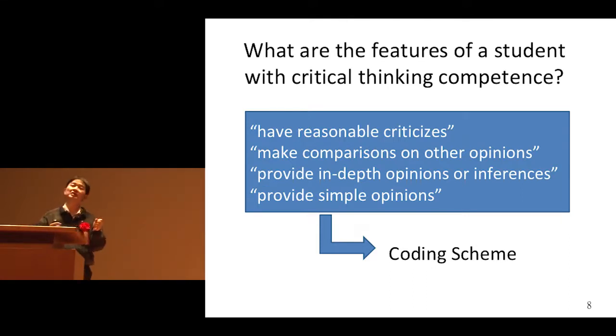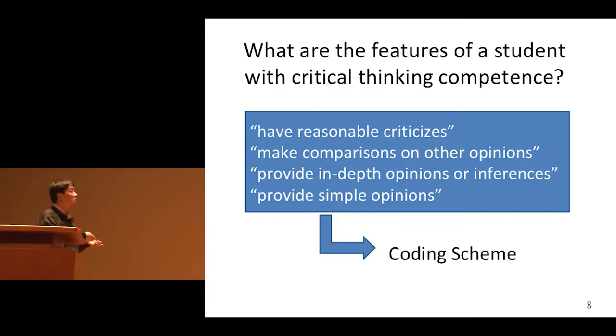Someone might say the student with high critical thinking competence might make a reasonable criticism of something, and then make more comparisons with others' opinions. They might also provide in-depth opinions or inferences during discussion, or they might just provide some straightforward opinions.